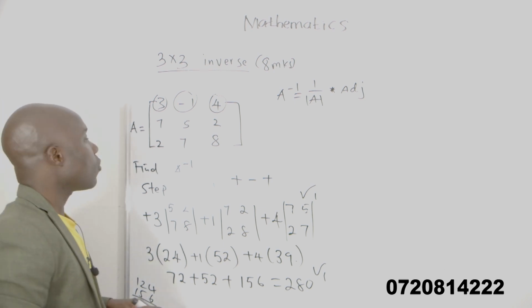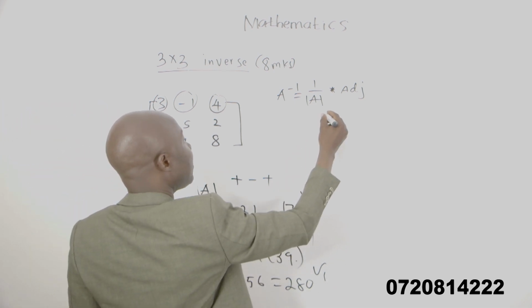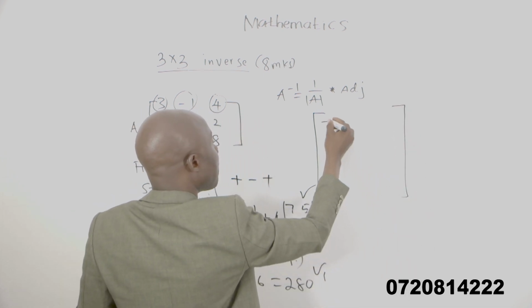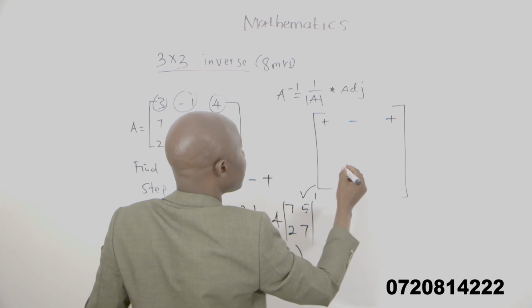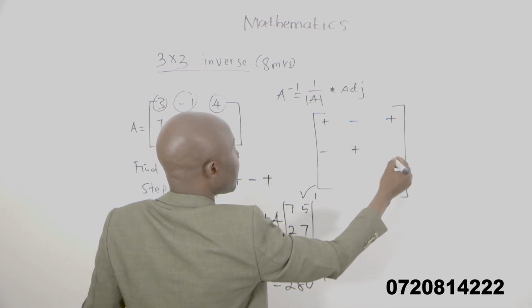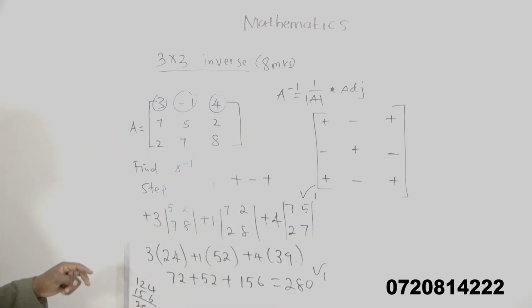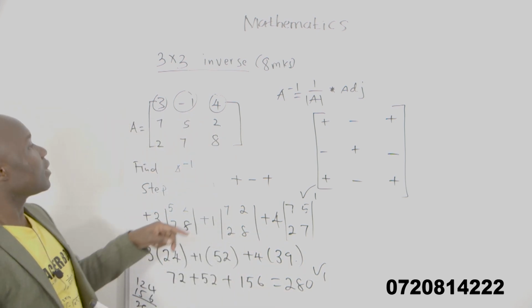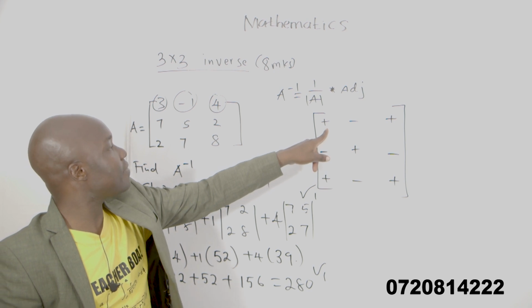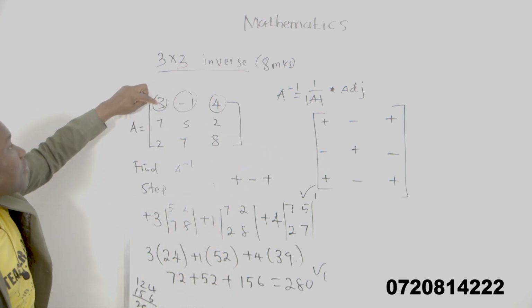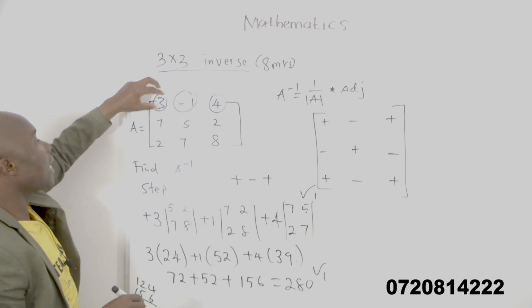Number 1, we have to create other entries, which I'll show you how to create. It will be plus, minus, plus, minus, plus, then minus, plus, minus, then plus. Now, in other words, I come here, the first entry, column 1 and row 1. So if it is 3, you highlight that.